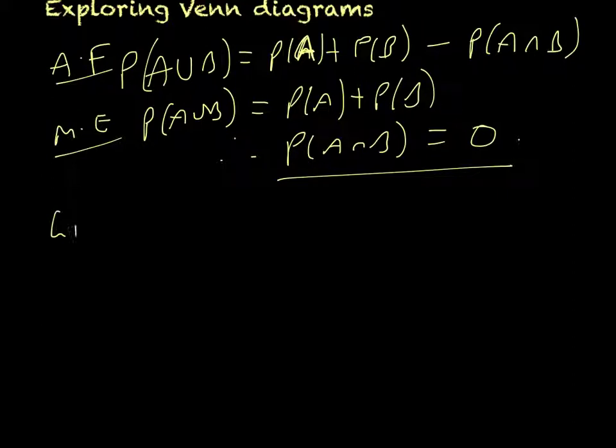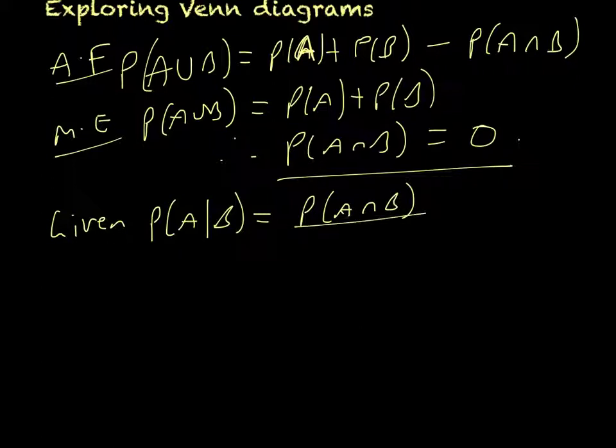We have our given notation, so probability of A given B is the same as probability of A intersection B over probability of B. Remember, this is if we already know B has happened, so we only have that small intersection value over the entire proportion to work with, or probability of B. That's where that comes from.